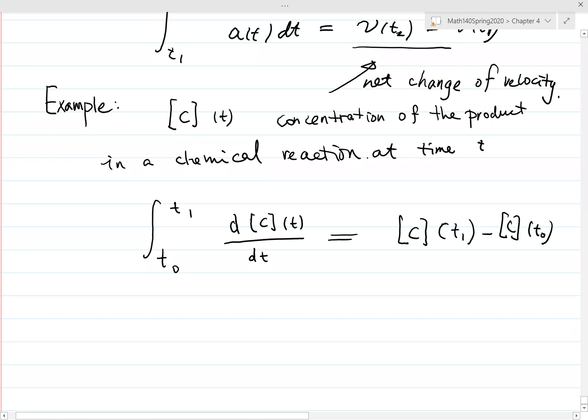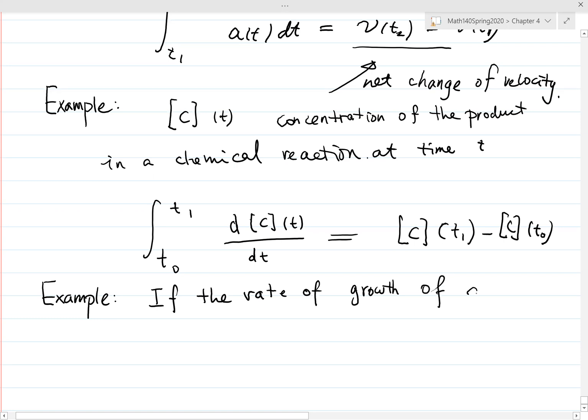Okay. For more examples. Suppose the rate of growth of a population is dn over dt.